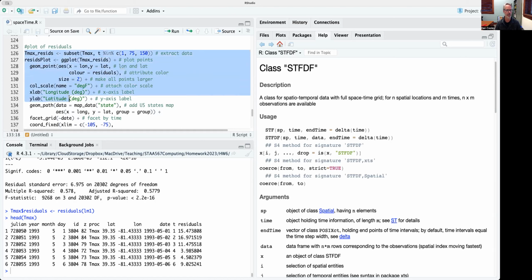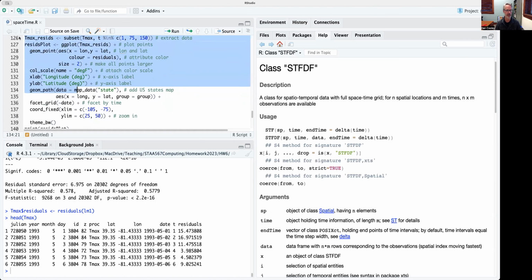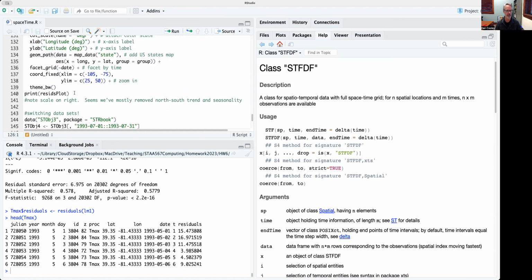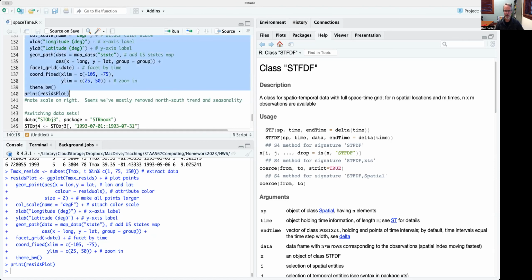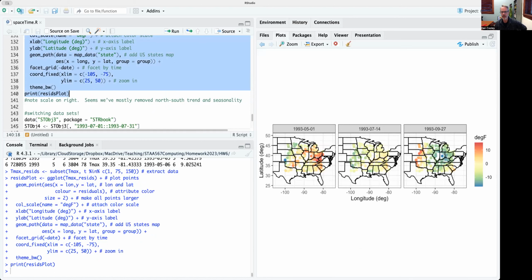By no means is this an exhaustive investigation of these residuals. But just looking at these 3 days, we're not seeing that pattern of higher temps in the south than in the north. We notice that the scale here is ranging from negative 15 to positive 15. And there's no real indication that there's seasonality here in the residuals.